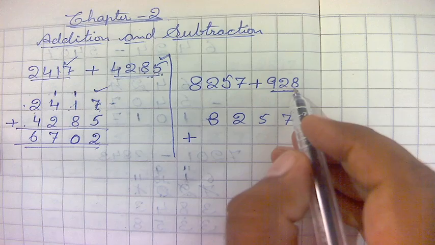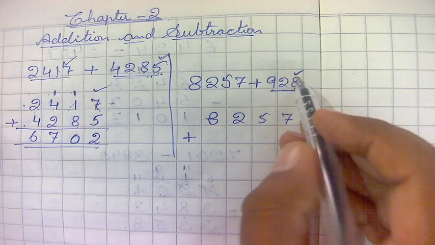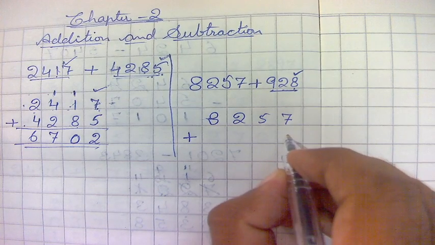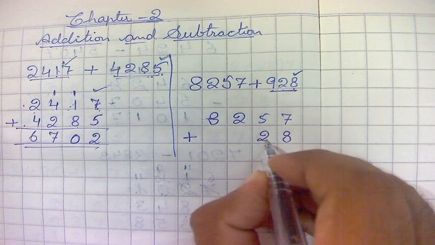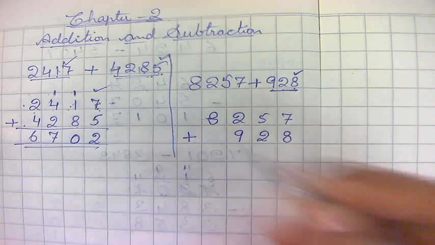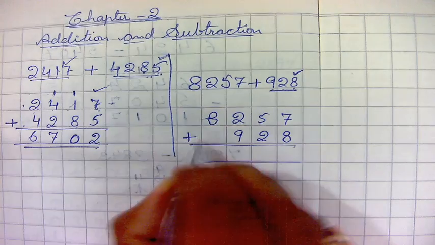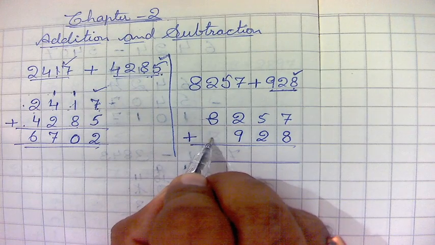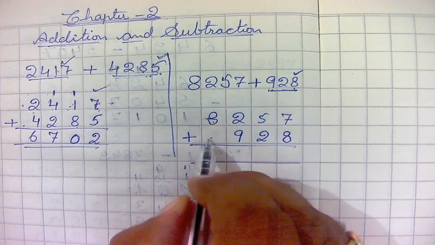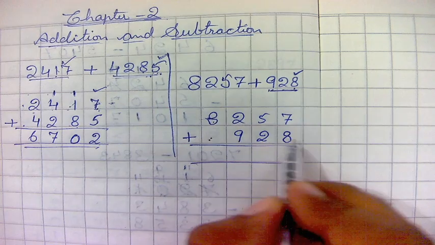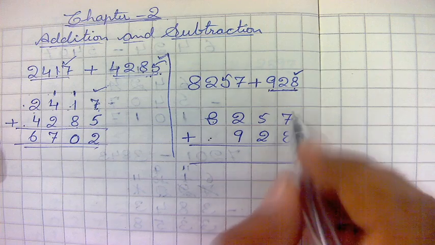So it is better you start from the ones digit. इसलिए मैंने कहा था कि आप यहाँ से ones digit से लिखना start करोगे तो गलती नहीं होगी. 8 will be written below 7, 2 will be written below 5, 9 will be written below 2. अब आप देखेंगे कि यहाँ पे एक digit हमारे पास खाली रह जाती है, और अगर आप ये 9 से लिखना start कर दो और कहीं गलती से 8 के नीचे 9 लिख दोगे तो आपका question गलत हो जाएगा. It will be wrong. So be careful while writing it in the columns.